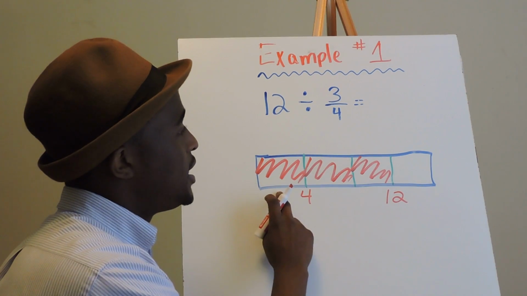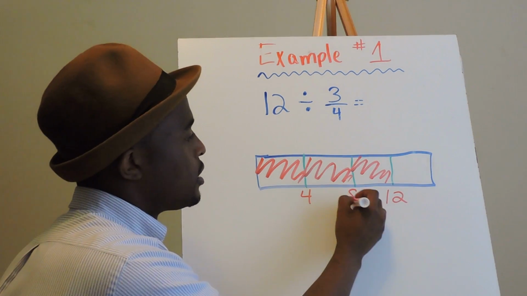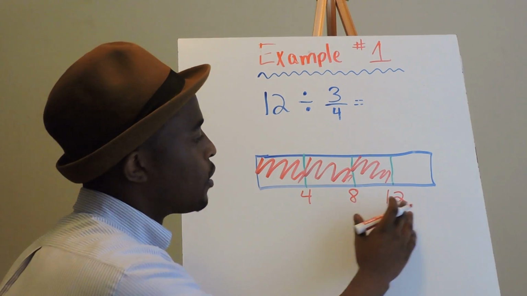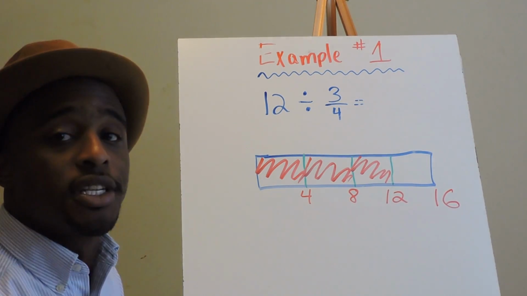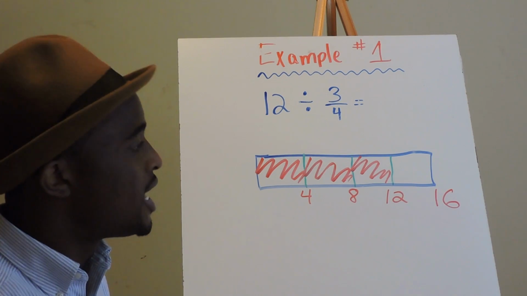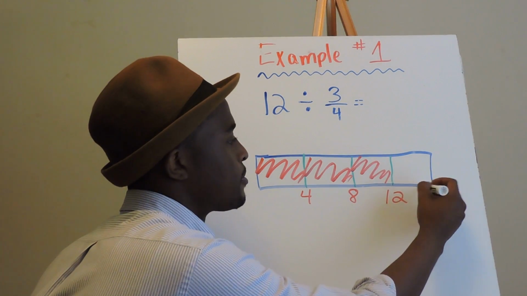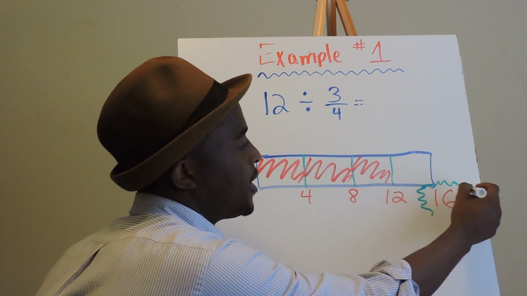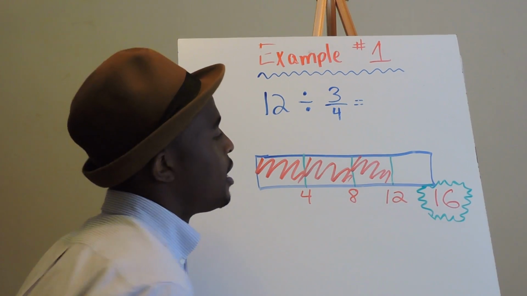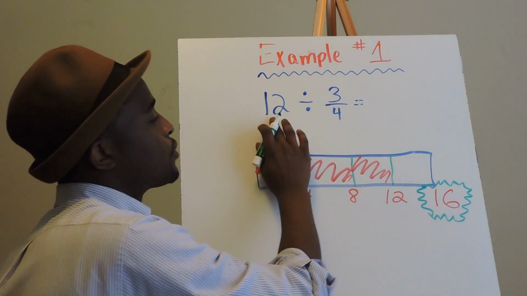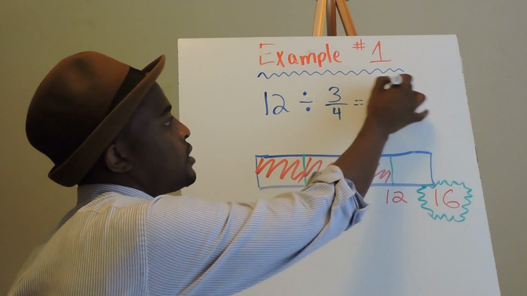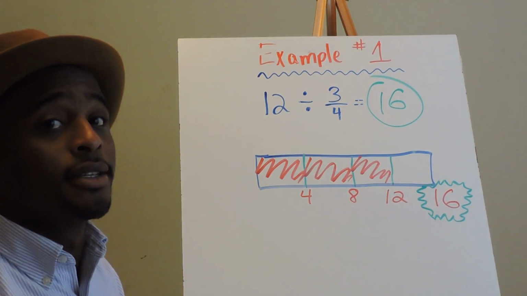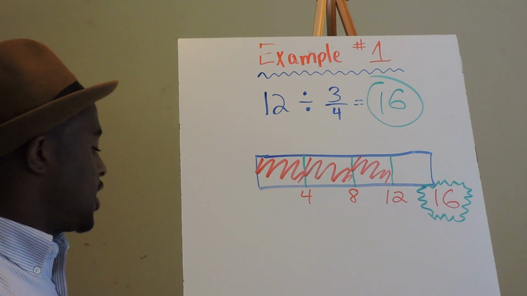So that means that each fourth is equal to 4, and our entire fraction bar is equal to 16, and 16 is our quotient, because that's what we were trying to find. So 12 divided by 3/4 equals 16. All right, let's look at another example.